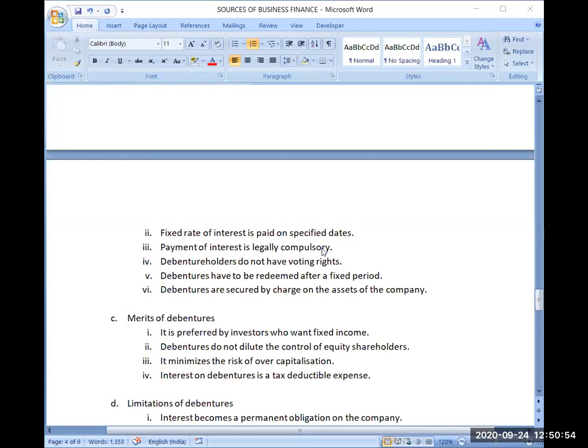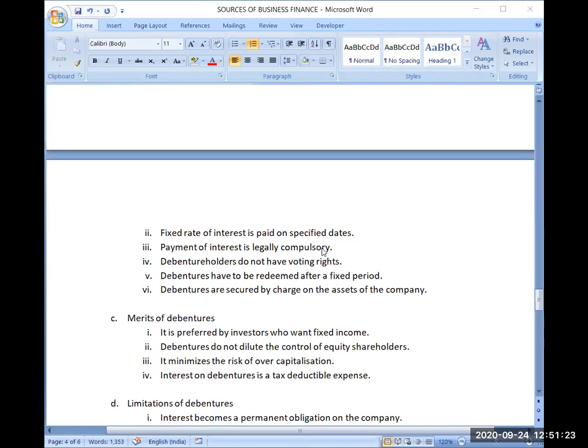Is there any guarantee that you will be able to earn profits? You will be able to get in return something? No guarantee. But suppose you have borrowed rupees 5,000 from one of your friends or any relative, and you have promised that I will be paying 10% per annum interest on that.